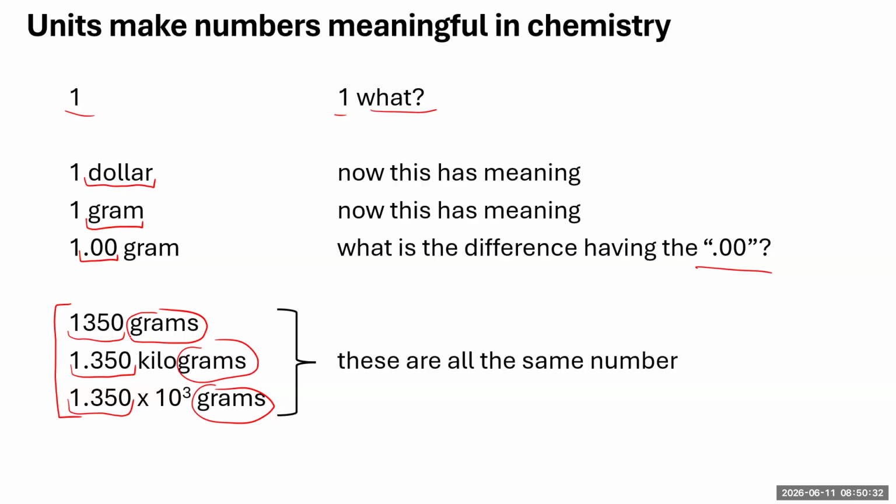Well, kilo means 1,000 grams, so 1.350 times 1,000 is going to be 1,350 grams. We also know kilo means 10 to the third, because of our previous lecture. We did some background on this, I believe, in the first topic, some exponent stuff, so go back to the first topic if you want some background on this.